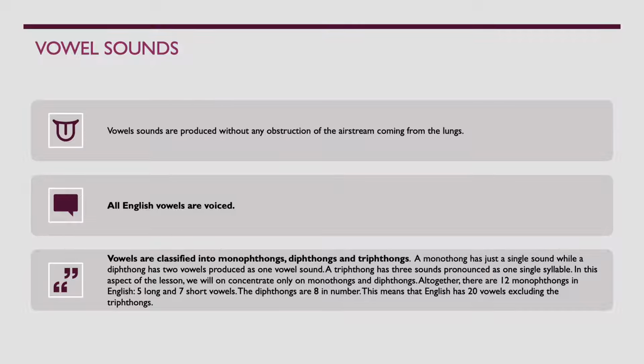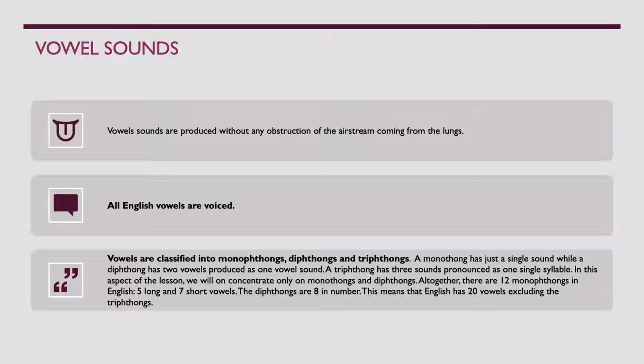Next, we look at vowel sounds. Now that we have seen the organs, let us look at the sounds in English. Vowel sounds are produced without obstruction of the air stream coming from the lungs. You should note that all English vowel sounds are voiced.